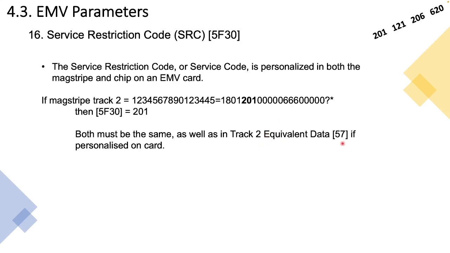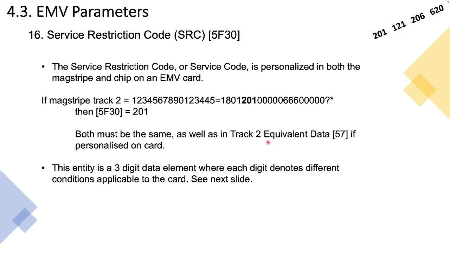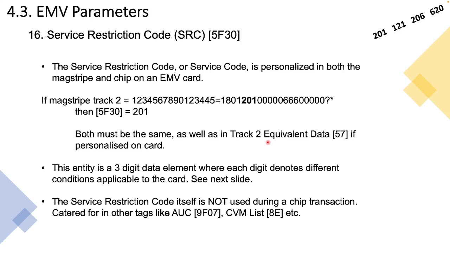But when you write tag 57, the service restriction code, this value that you've got in the mag stripe and you've got in tag 5F30 must be the same in tag 57 as well. Okay. Service restriction code is a 3-digit data element where each digit denotes different conditions applicable to the card. For more detail, we'll have a look at the next slide.